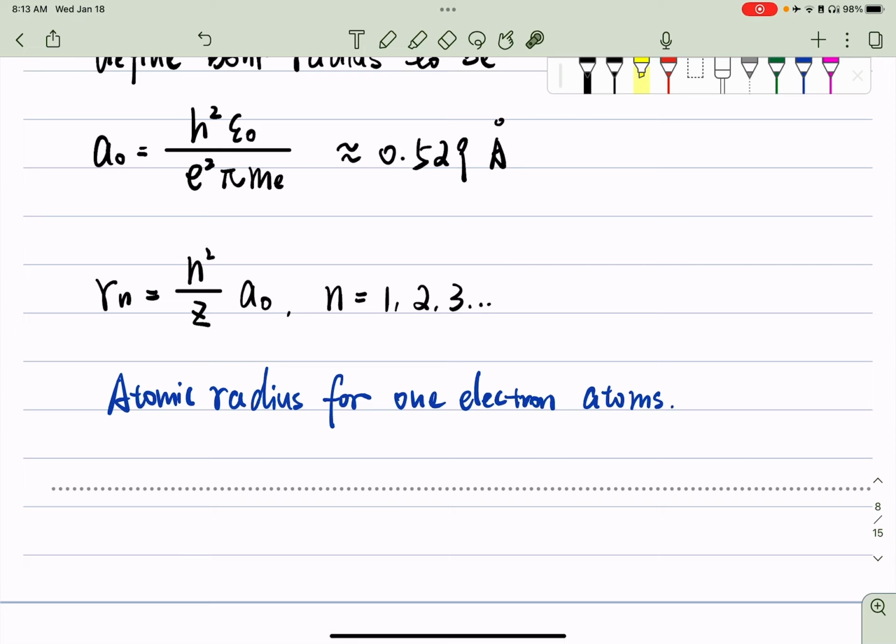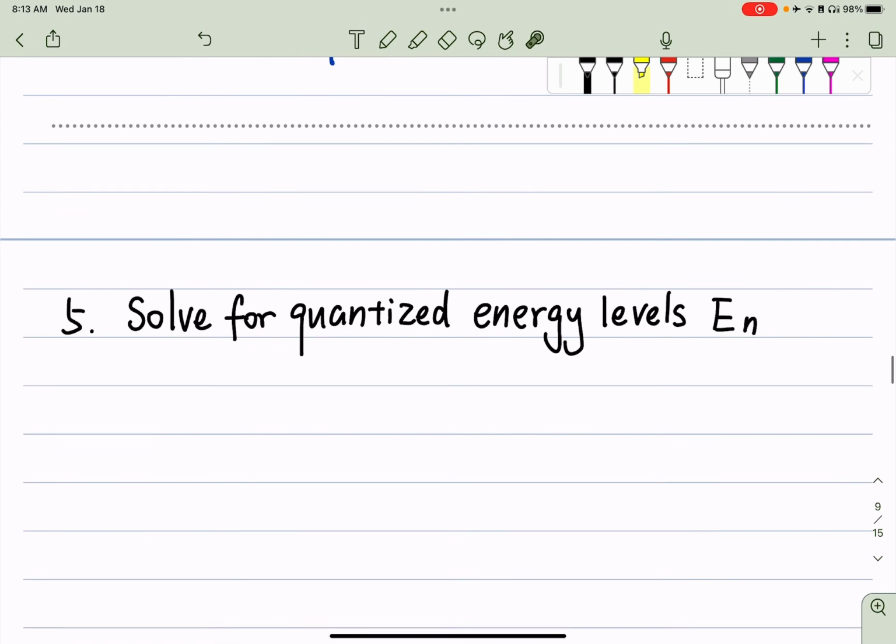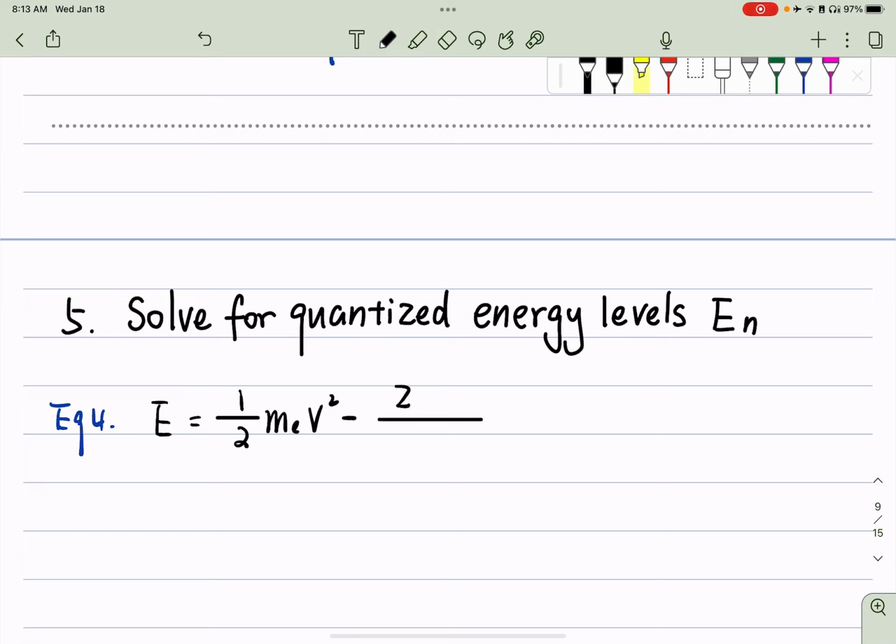Okay, so now we have the atomic radius. Next step, we want to solve for the quantized energy levels, E_n. Again, here we're going to use some of the equations we already know. From equation 4, we have energy equals 1/2 m_e v squared minus Z e squared over 4 pi epsilon naught r.